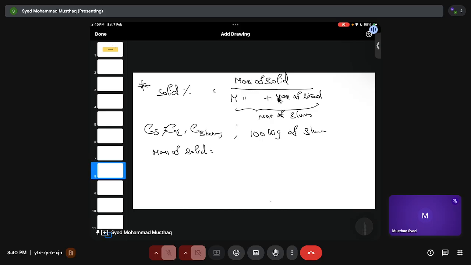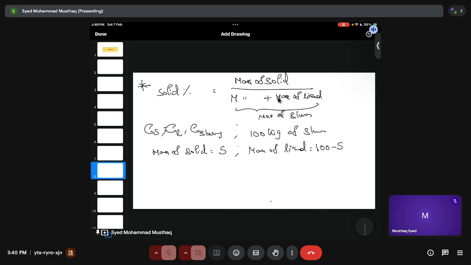Let's take the mass of solid as S. So if I am talking about 100 kg, then the mass of solid will be S, and the mass of liquid will be 100 minus S.